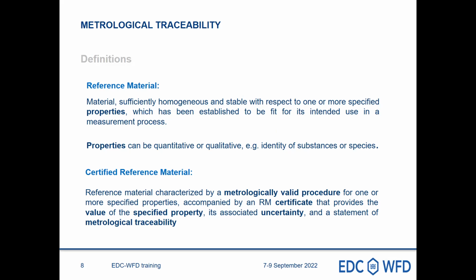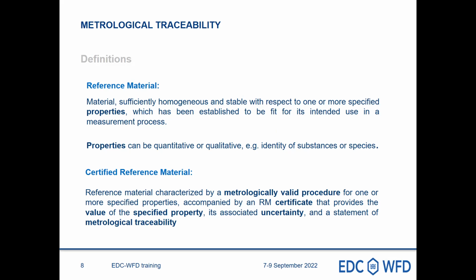And what is a certified reference material? It is a reference material characterized by a metrologically valid procedure for one or more specified properties, accompanied by an RM certificate that provides the value of the specified properties, its associated uncertainty, and a statement of metrological traceability.